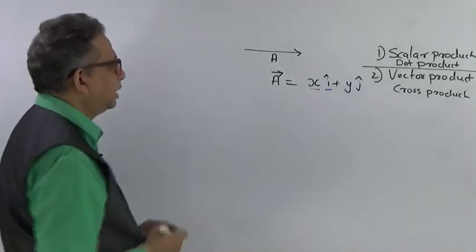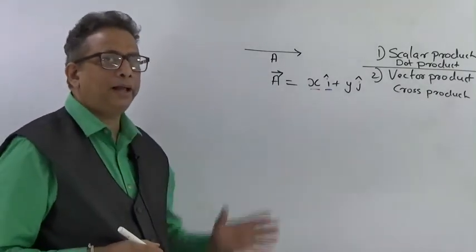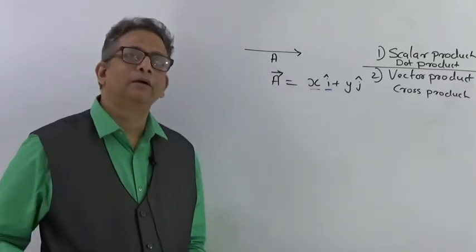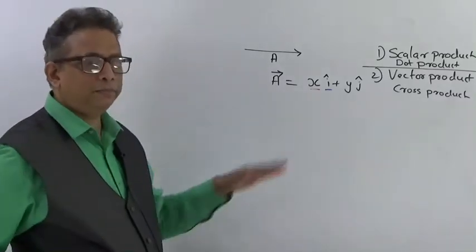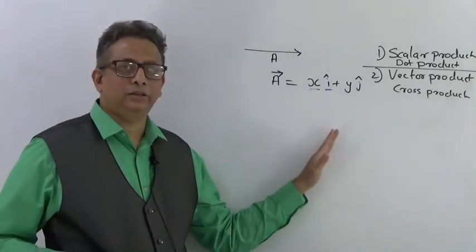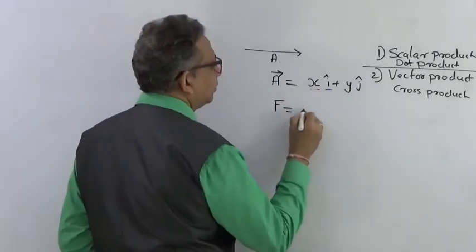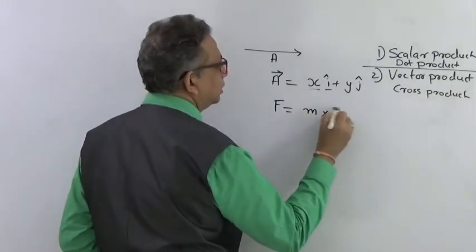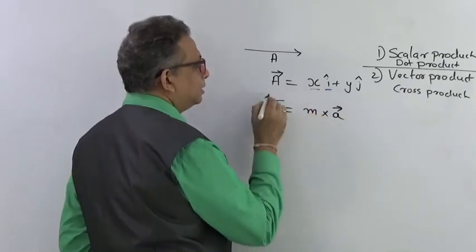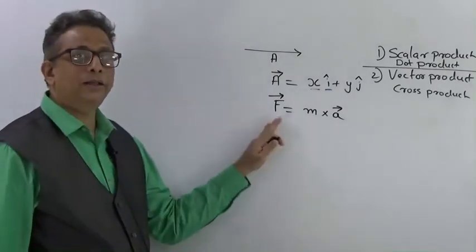Now understand one thing, that if a vector is multiplied by a magnitude or by a scalar, the result will always be a vector. Say for example, force is equal to mass into acceleration, right? Acceleration is a vector, I am multiplying it by a scalar, the resultant will always be a vector.